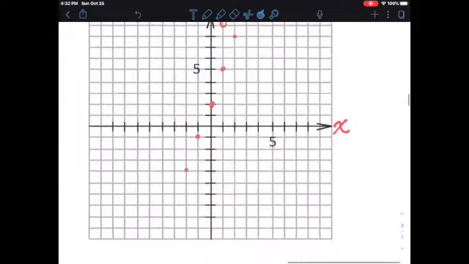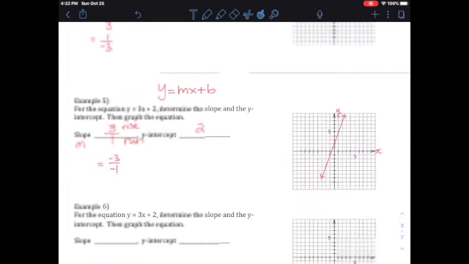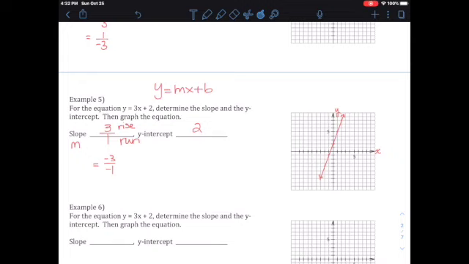Okay, and then you can just connect them. And that will be your line. And that will be how you graph y equals 3x plus 2.